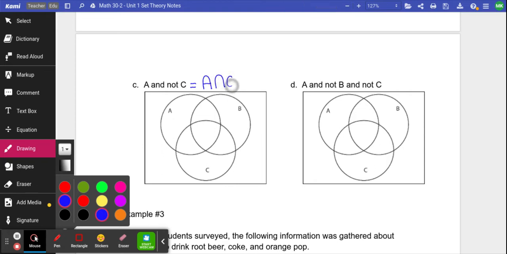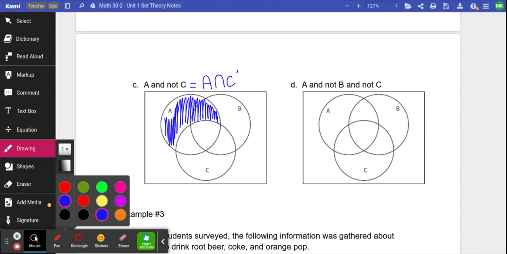Not C means I do an apostrophe on C. If I wanted to shade this, that means I have to shade inside of A, but I can't shade inside of C. So looking at my Venn diagram, this section is in A and not in C. I include this top section that's in B because even though it's in B, the question never mentioned B, it just said in A and not C. That blue area is in A and not in C.